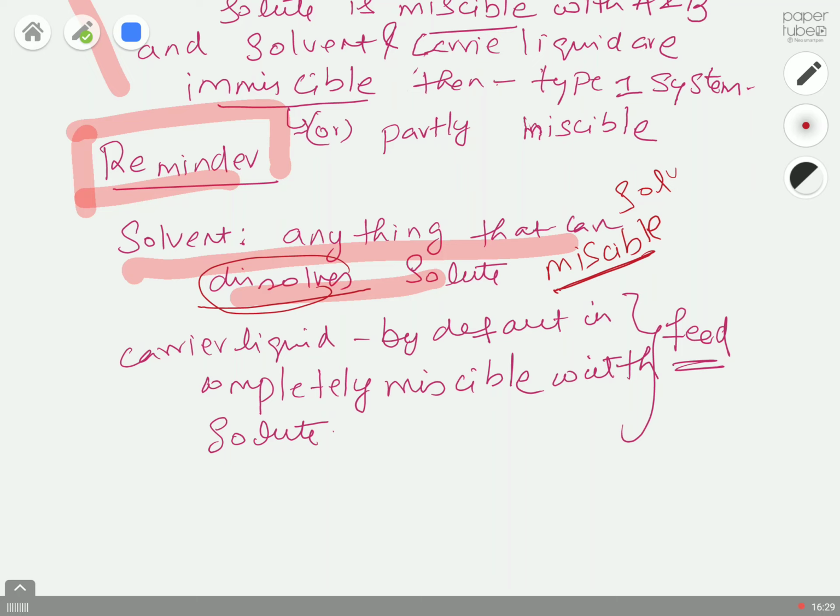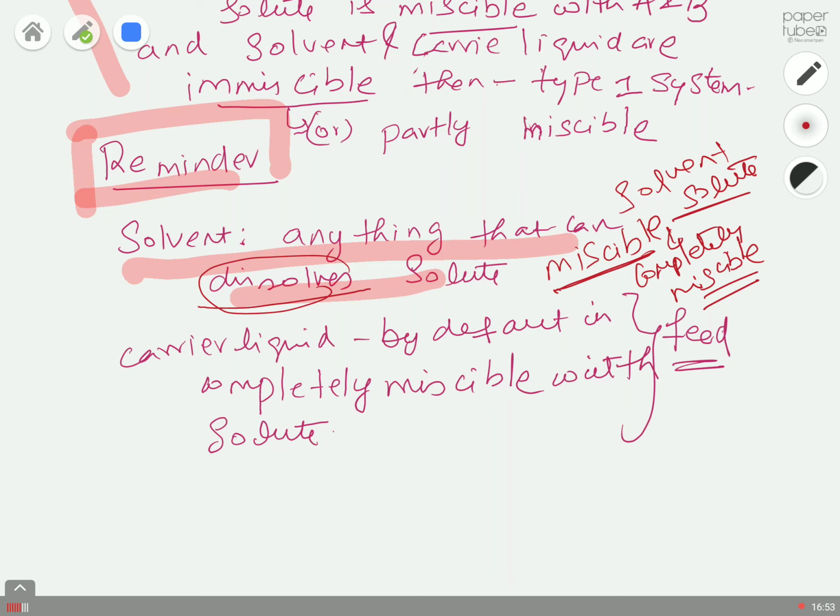So solvent plus solute are completely miscible. This is a must condition. If your solvent doesn't have this property, you cannot call it a solvent, and you cannot use it for liquid extraction experiments.